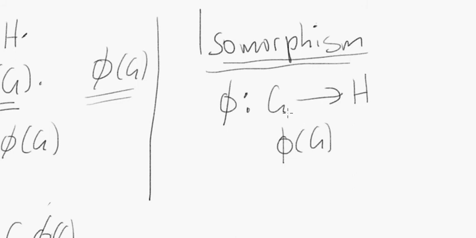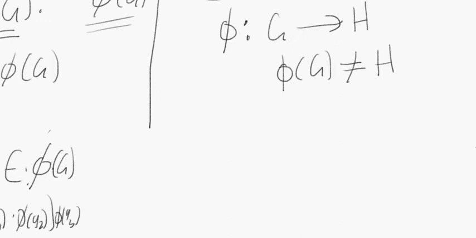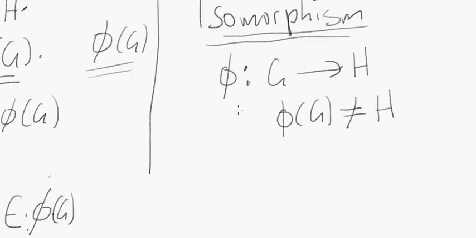That is, phi of G may be a subset of H, but it is not necessarily equal to H. So if phi of G does not equal H, then phi of G is a proper subset of H.